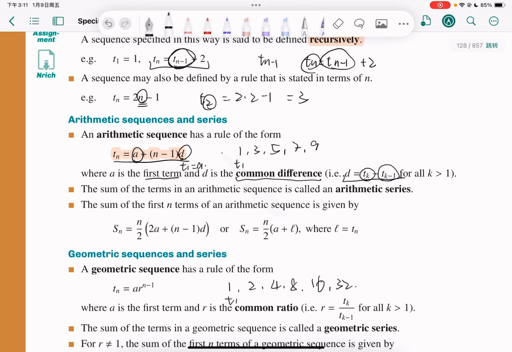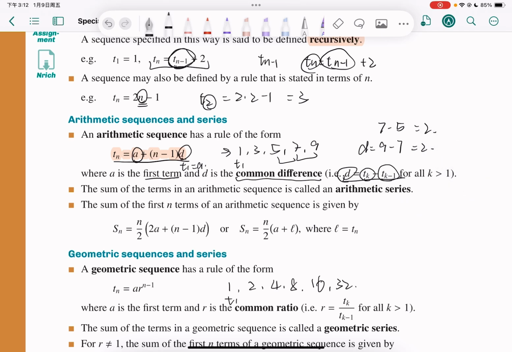If we have a sequence like the odd sequence 1, 3, 5, 7, 9, the D should be the difference between any two terms. For example, 9 and 7, so D should be 9 minus 7, which is 2. Or you can take 5 and 7, for example. 7 minus 5 is also 2.